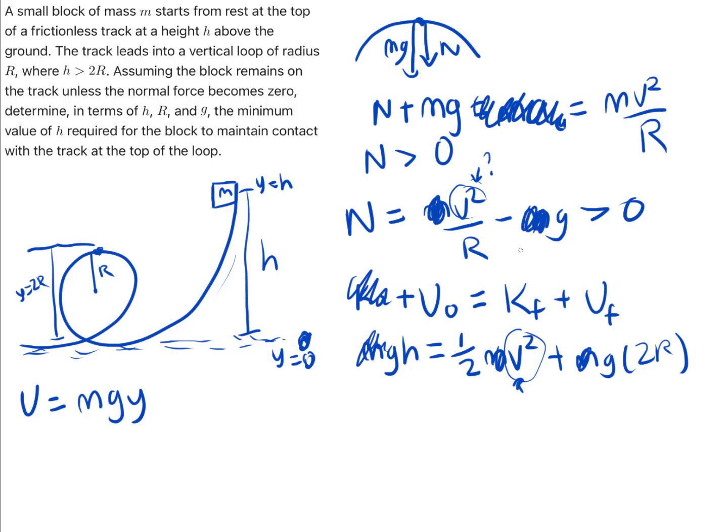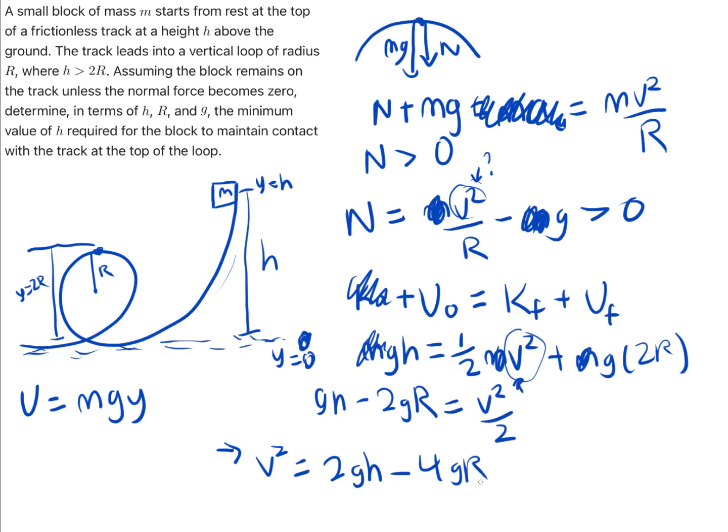I can remove all the m's. And then let's solve for v squared. So let's subtract g times 2r from both sides. So we have gh minus 2gr, and that equals v squared over 2. And then we can multiply both sides by 2 to get that v squared equals 2gh minus 4gr.